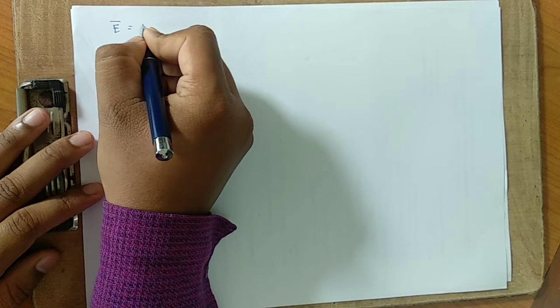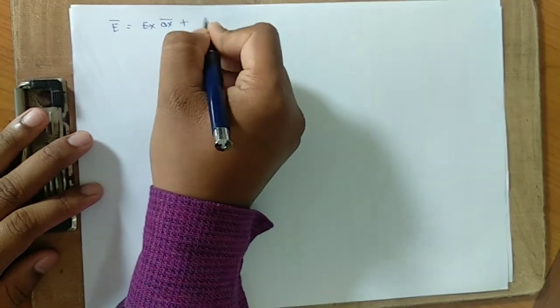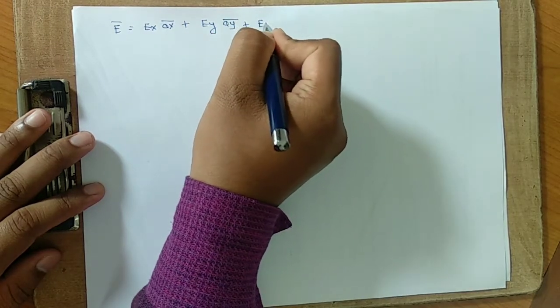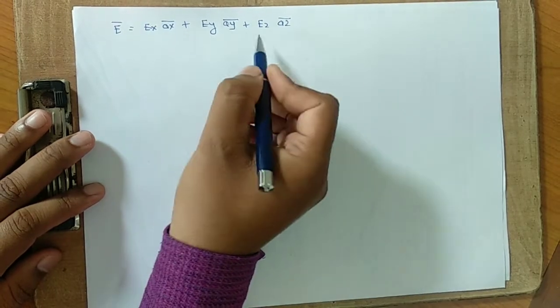Now I will write this equation again. E bar is equal to, what is the equation for E bar in the Cartesian coordinate system? Ex ax bar plus Ey ay bar plus Ez az bar. So I will simply put in the values of Ex, Ey and Ez.